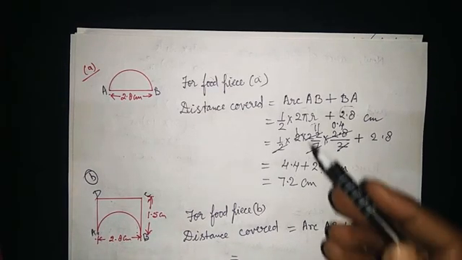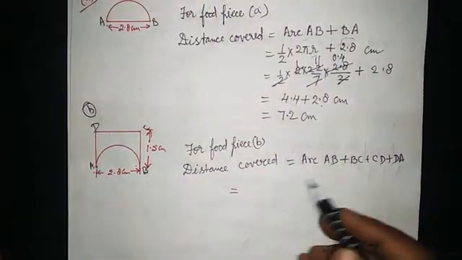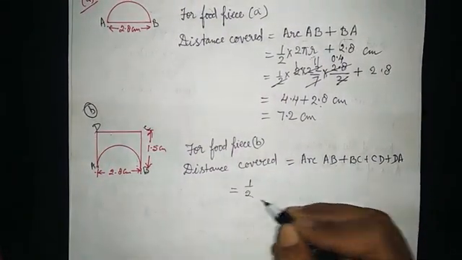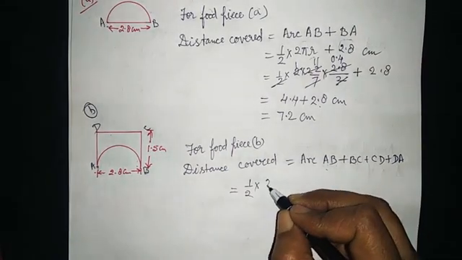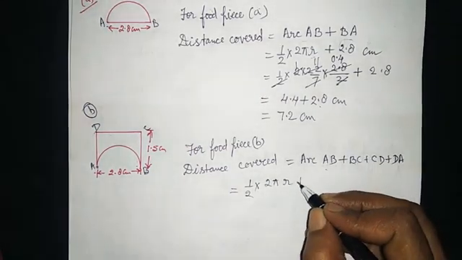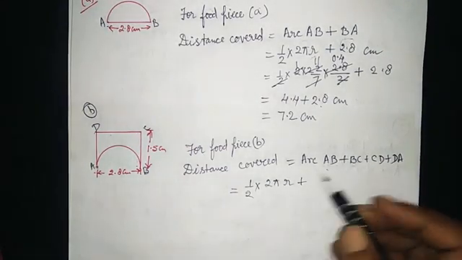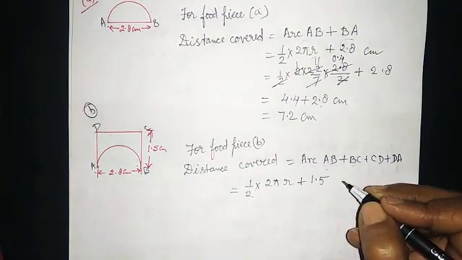Now just like this question, here also we will do half of arc AB. It is half into 2 pi r plus BC. How much? 1.5.